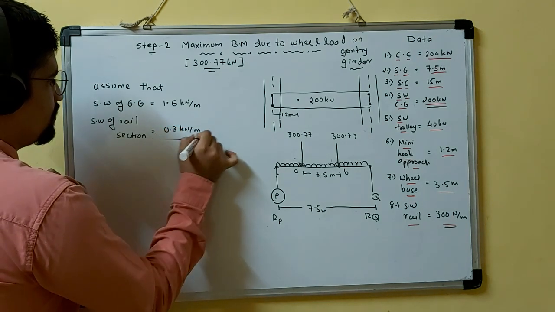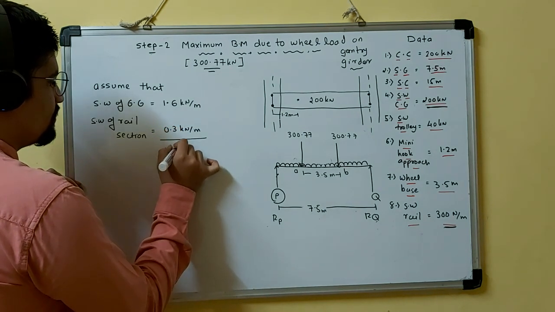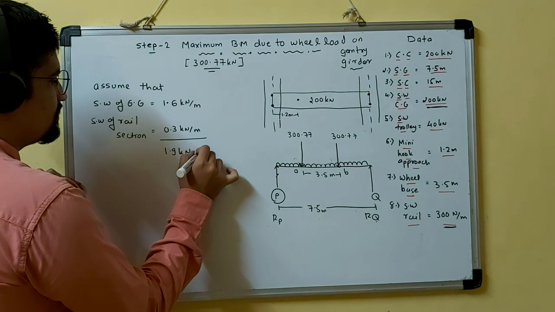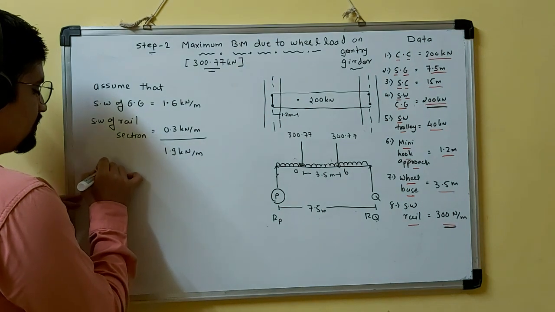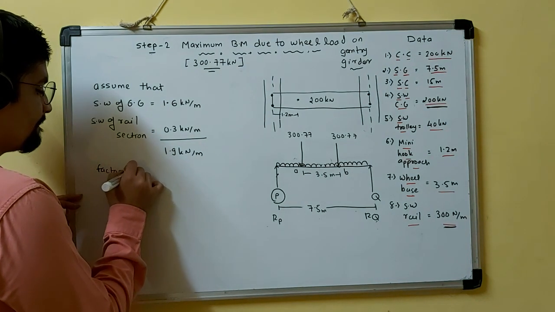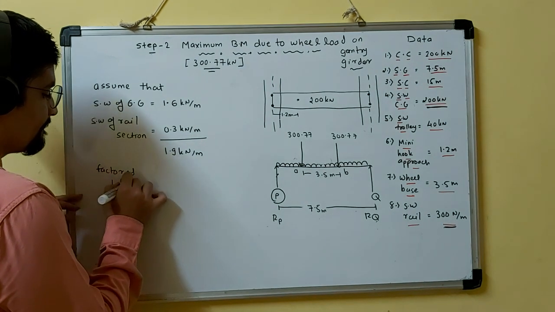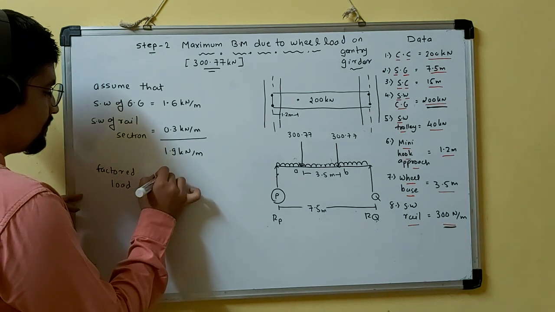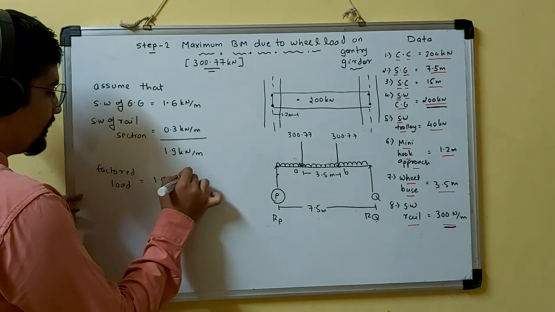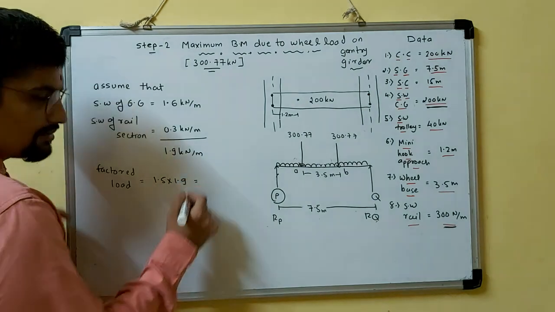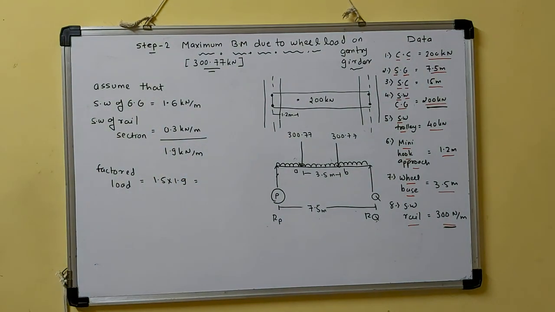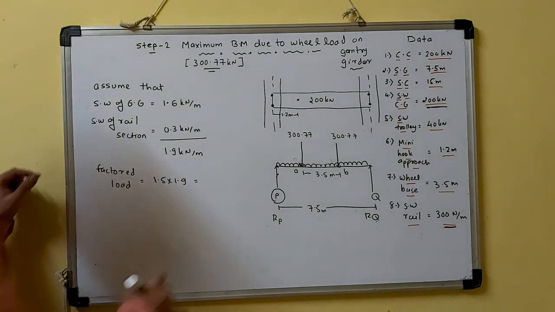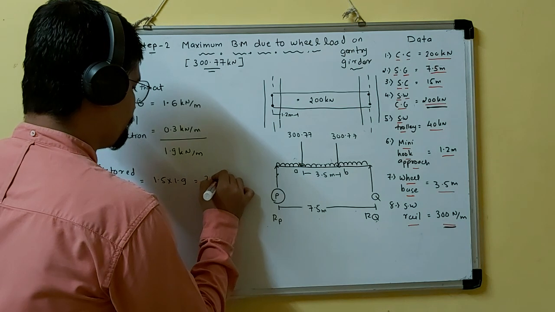So the total load will be 1.9 kilonewton per meter. But this is a working load. We need to convert it to a factored load. So factored load is equal to 1.5 into 1.9, so it will be 2.85 kilonewton per meter.